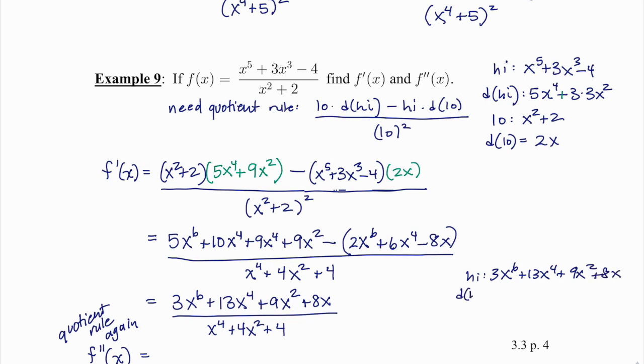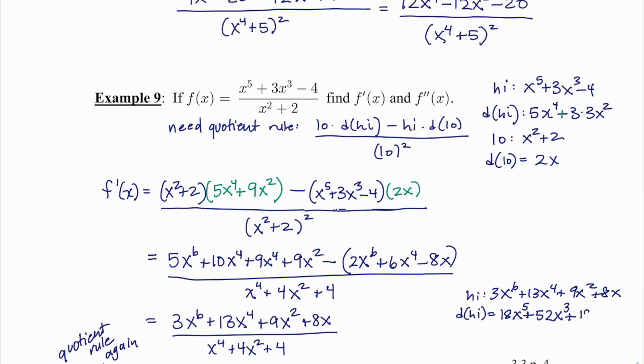So the derivative of the numerator will be 3 times 6, so 18x to the 5th when I subtract 1 from the exponent, plus 13 times 4, so that's 52x cubed, plus 9 times 2, that's 18x to the 1, plus 8 for the derivative of 8x.